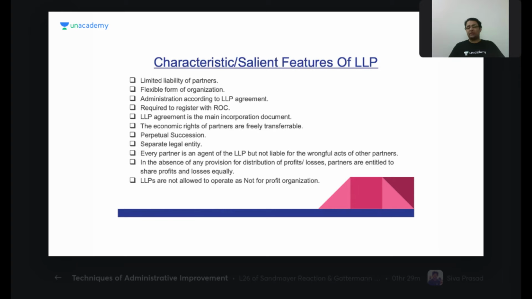Next, perpetual succession. Can anyone tell me what perpetual succession is? It's an important term. We will also discuss this term when we take up the Companies Act 2013. So what do you mean by perpetual succession? Anyone? Give it a try. Life of organization. Can you explain that, Shiv?